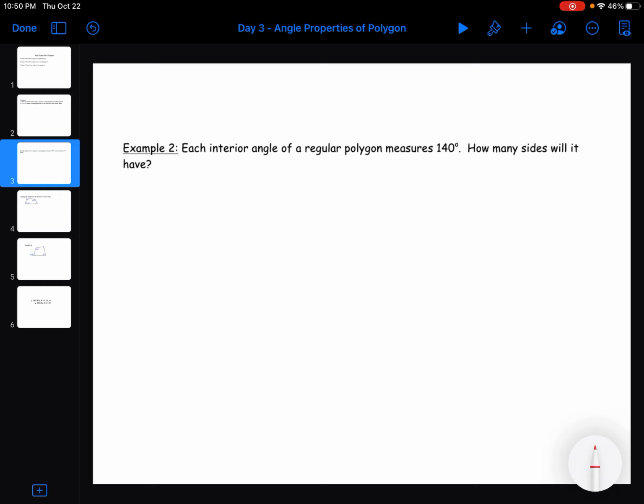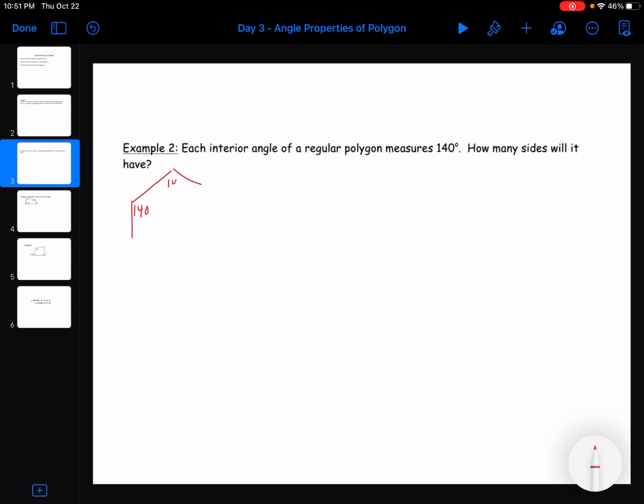So let's look at the next question. The next question says, not the sum, each interior angle measures 140 degrees. How many sides will it have? Well, what that means is if we were to look at this shape, so let's just say that that was the shape, okay?